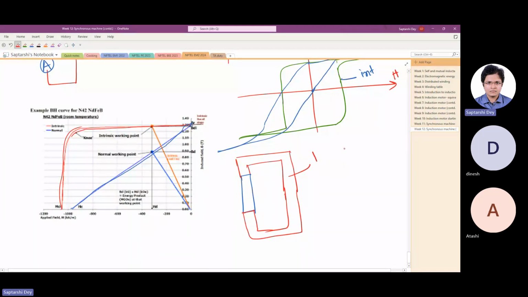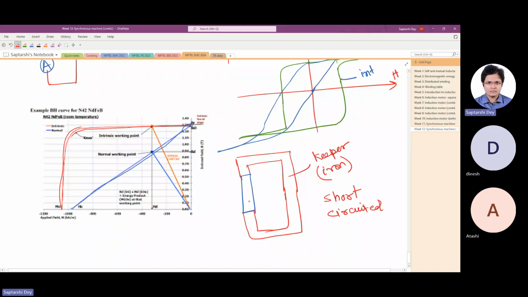This is called a keeper, made of iron. Have you ever bought a magnet? If you buy a magnet, you will see the magnet always comes in a keeper. This is what we call the magnet being short circuited. Short circuited.